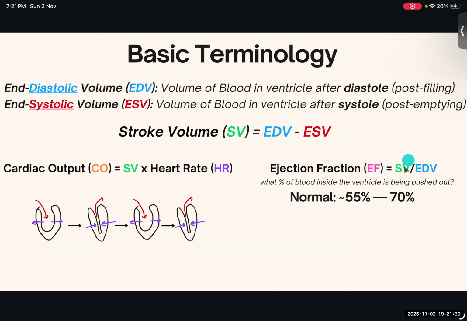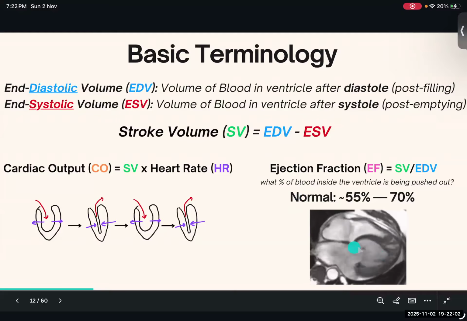So again, end diastolic volume is the total blood in the ventricle after diastole, the maximum amount after we fill the heart. If we find out how much we pushed out, the stroke volume, and divide that by the total that we started with, we get the ejection fraction. So the percentage of blood that is being moved by the heart.